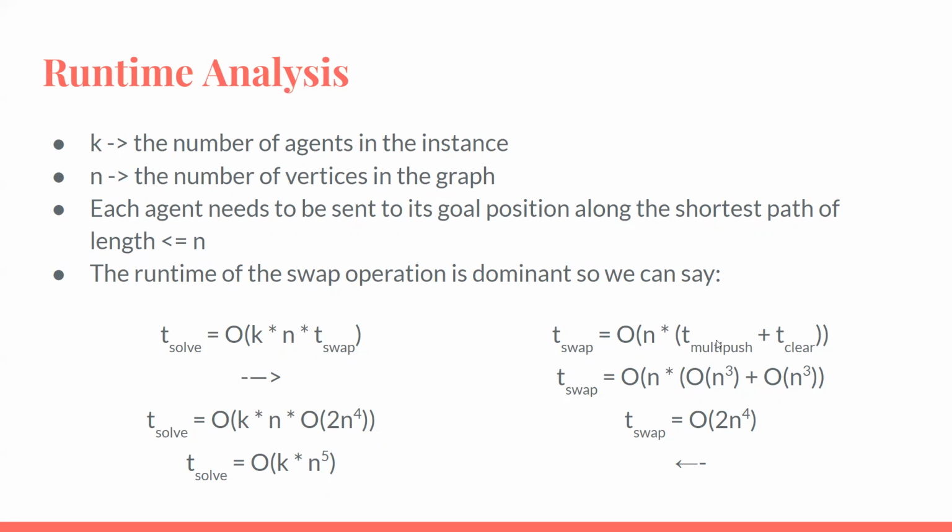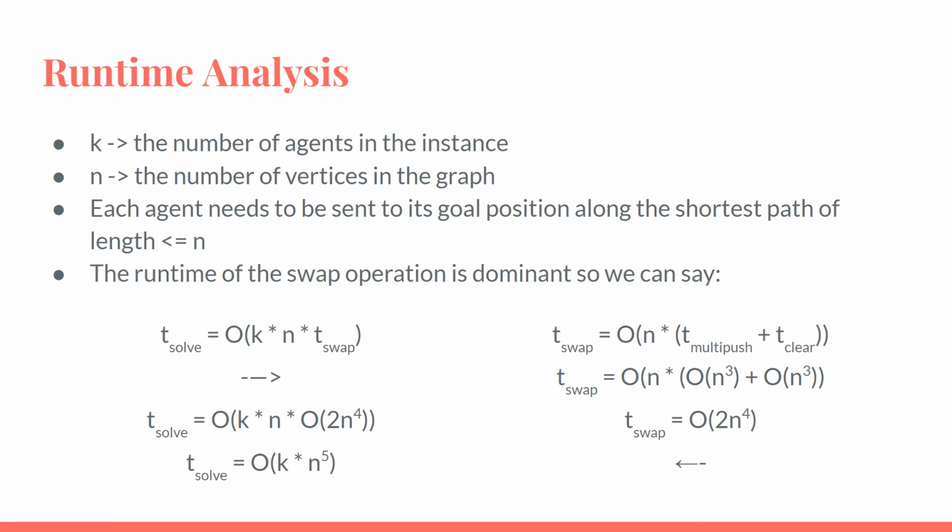So each of these is going to end up being, I'm sorry, T clear vertex takes big O of V plus E, and that equals big O of N squared. However, multi-push is big O of N times T clear vertex.